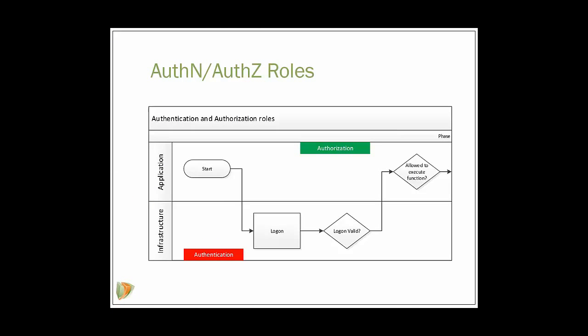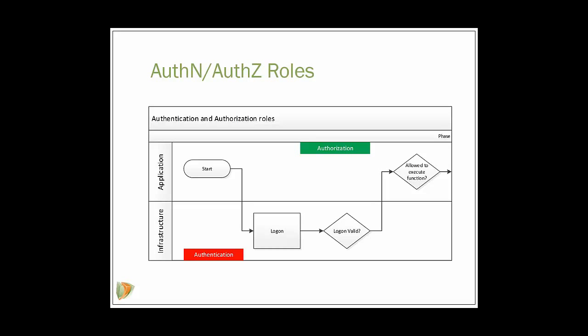As I stated, the who performs these different activities is different. As you go through this little flow chart, you'll see we start inside our application. Typically the infrastructure performs authentication. The logon happens by, or is enforced by, some sort of infrastructure, and if that is a valid response, then it's returned back to the application, which can then go through and allow a particular function to execute.